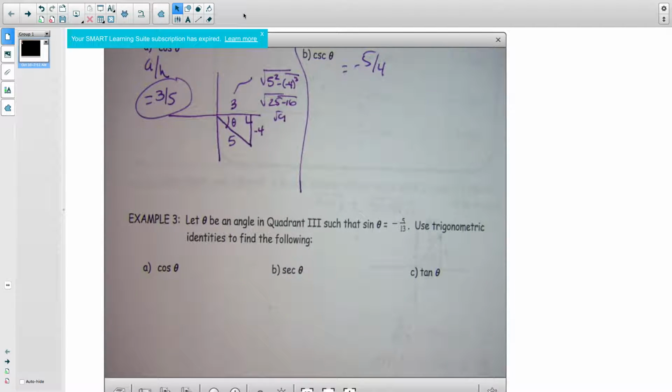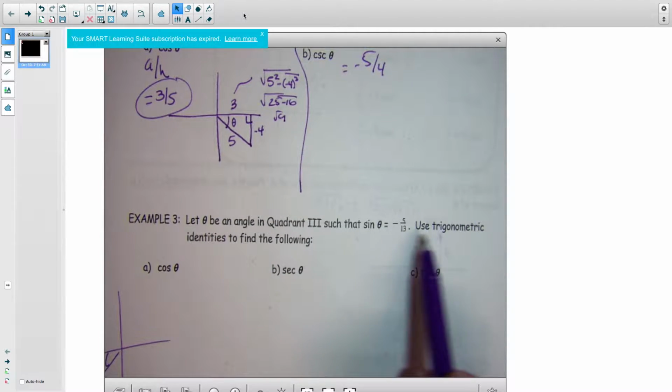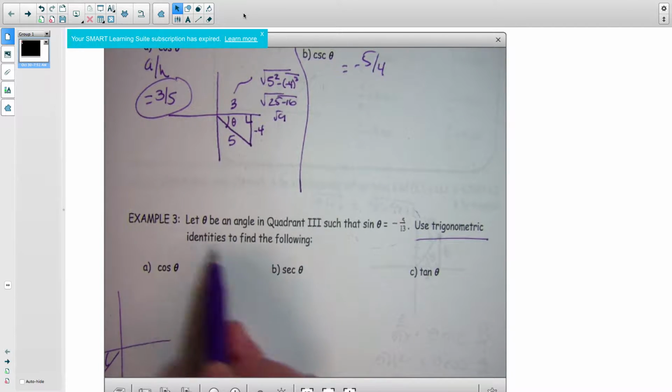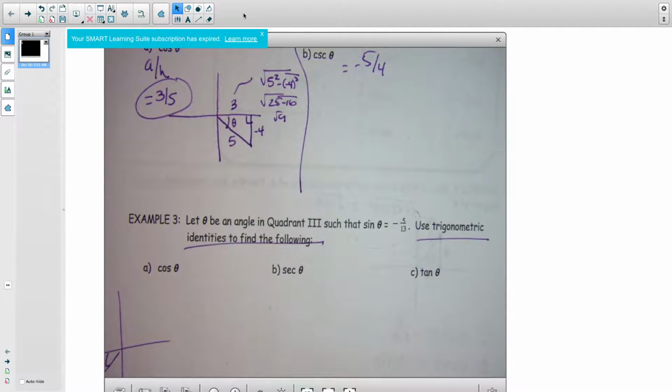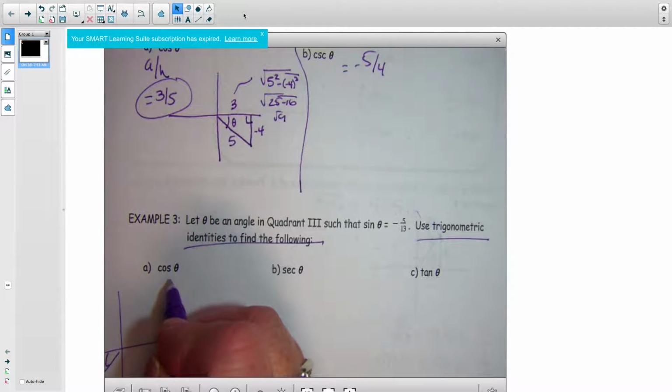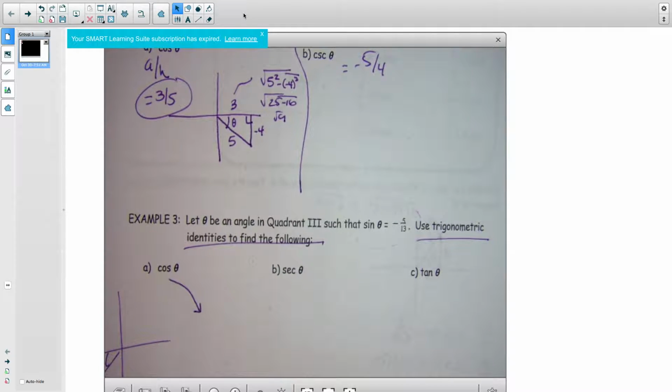All right, now, this one says let theta be an angle in quadrant 3. So we're down here in quadrant 3. Over here in quadrant 3, we know that sine and cosine are both what? Negative. They gave us the sign. They said use trig identities. So that means you're not drawing the triangle, you're using the trig identities to find cosine. Well, if I know sine, how can I find cosine?